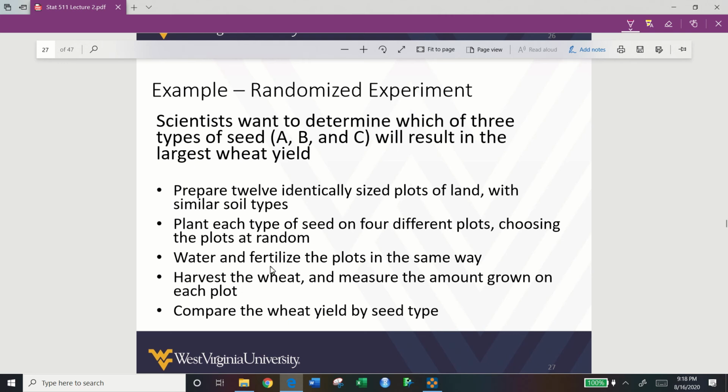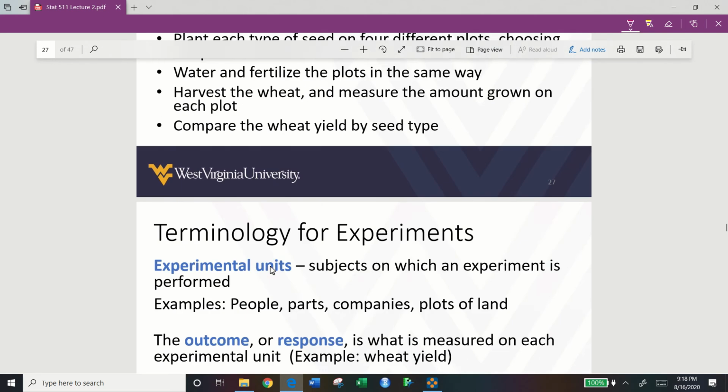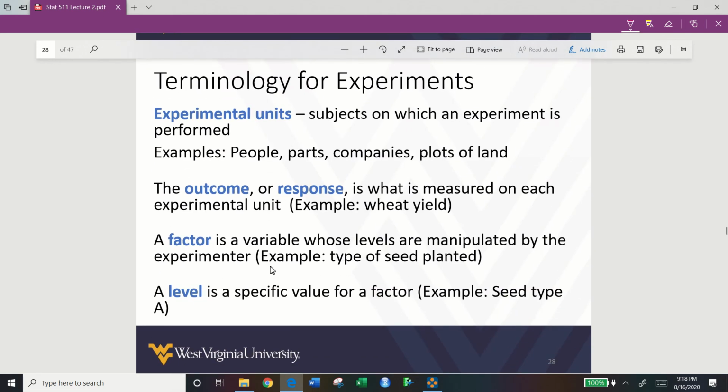We water and fertilize the plots in the same way. We harvest the wheat and measure the amount grown on each plot. Then we can compare the wheat yield by seed type. That is a nice idealized experiment, and it is about the best we can possibly do to eliminate sources of bias.